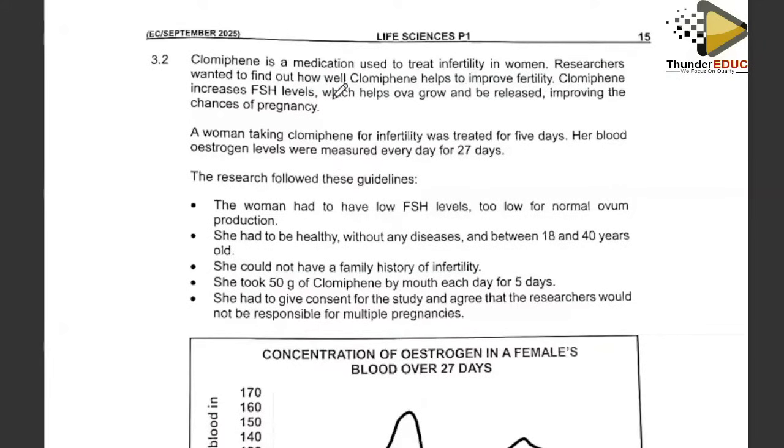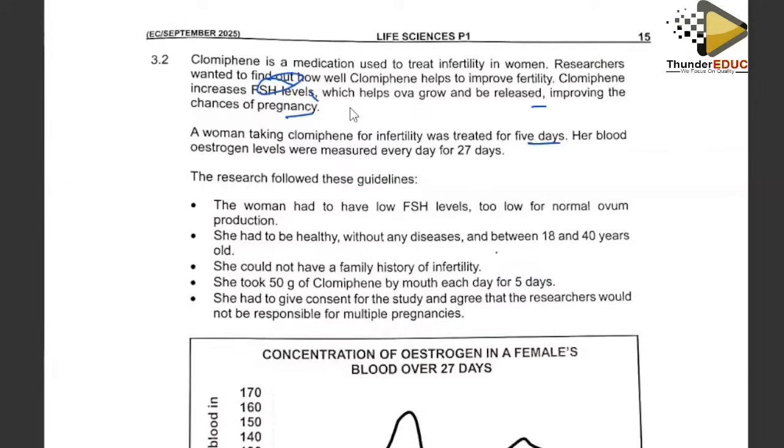Clomiphene increases the FSH levels, which help the ova to grow and be released, improving the chances of pregnancy, okay? A woman taking clomiphene for fertility was treated for 5 days. Her blood hormone levels were measured every 27 days.